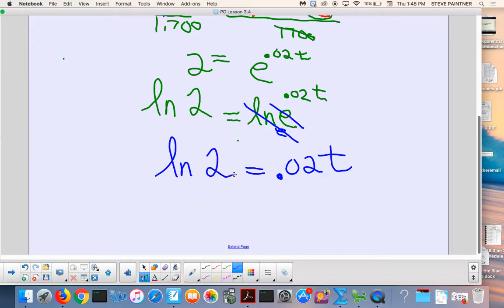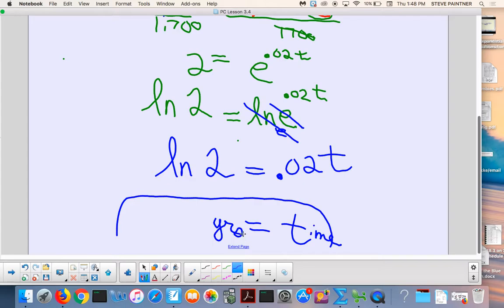Whatever number that is. And then what? Divide that by 0.02. T for time equals how many years? 34.6. 34.6 years. Okay.